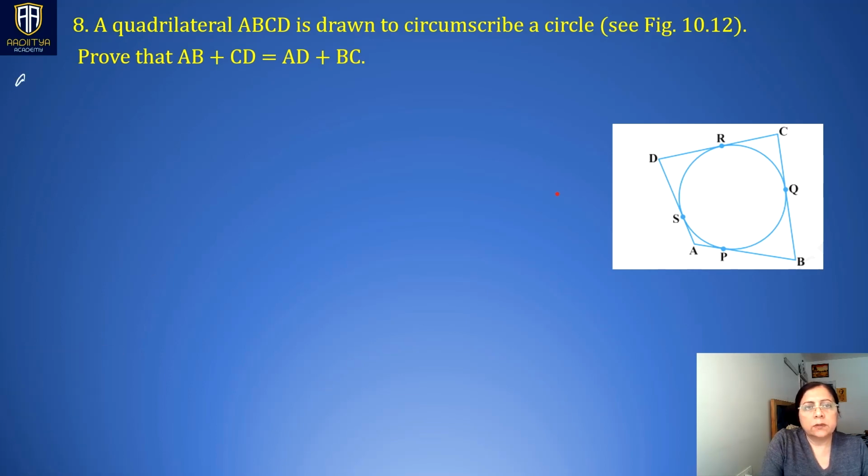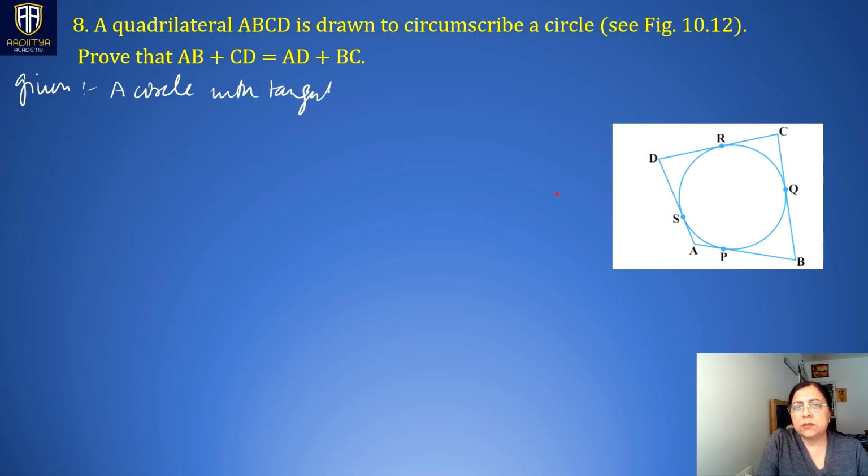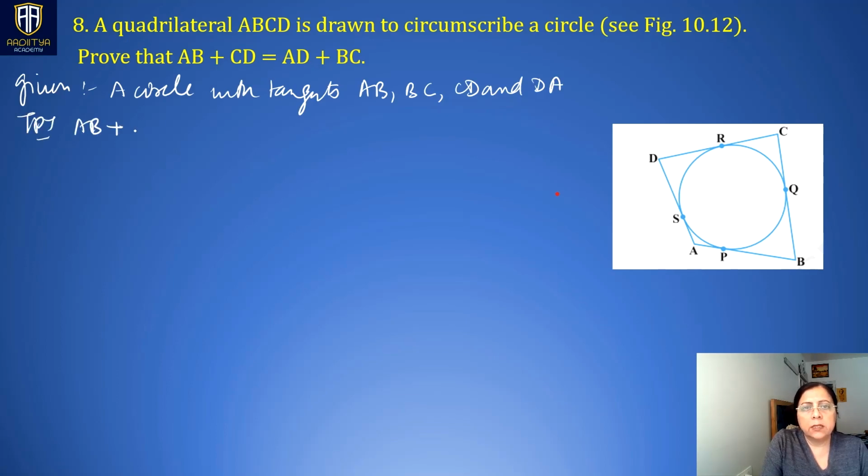What we are given is a circle with tangents AB, BC, CD and DA. What we have to prove is that AB plus CD is equal to AD plus BC.